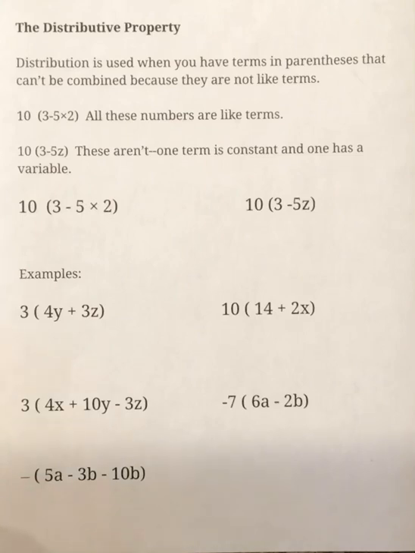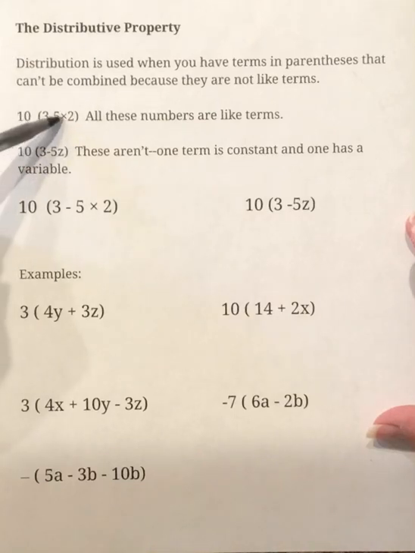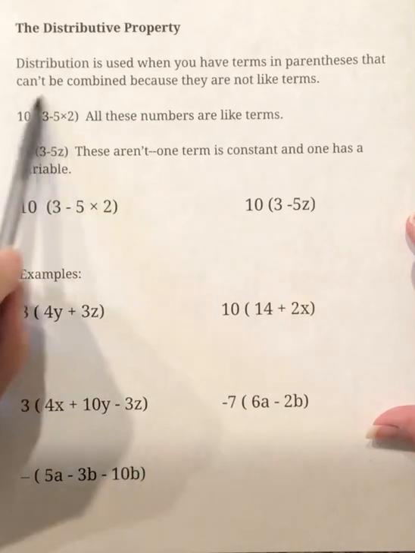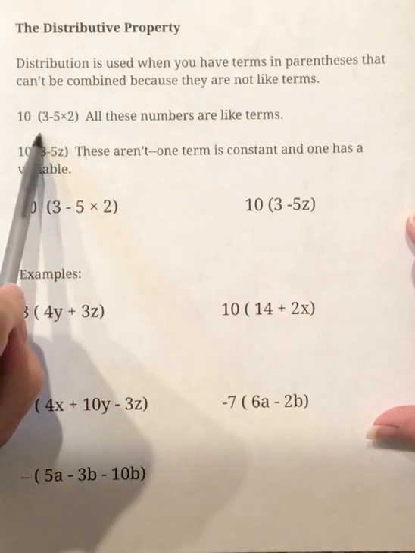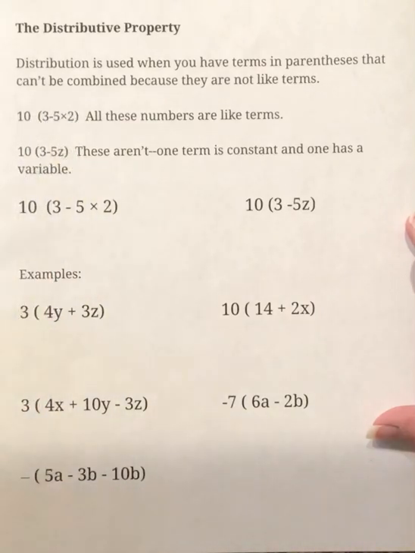So when we were doing order of operations, we looked at parentheses first and just kept doing all of the operations within the parentheses until we got ourselves to just one number. So if I look at something like this, 10 times this quantity, 3 minus 5 times 2, all of the terms in this set of parentheses are like terms because they're all constants.